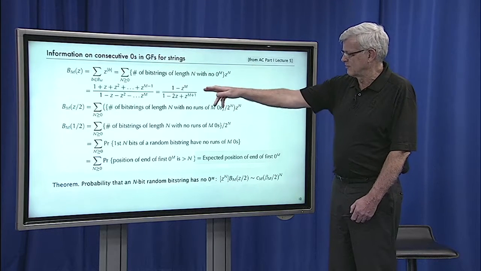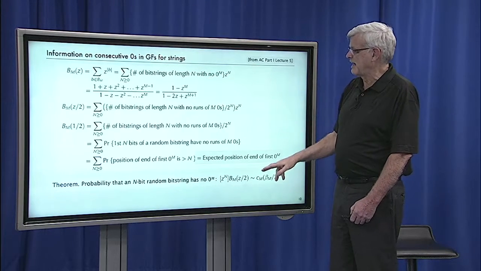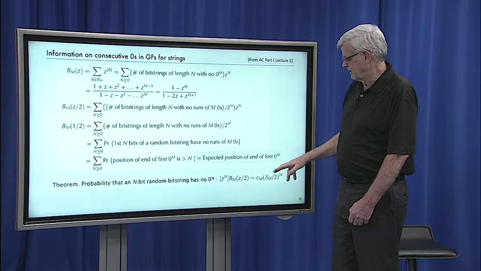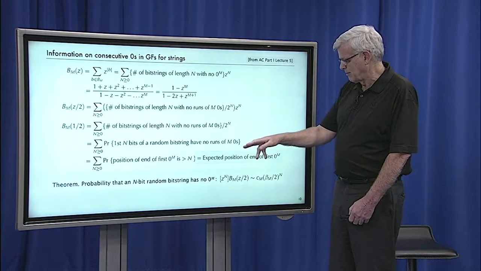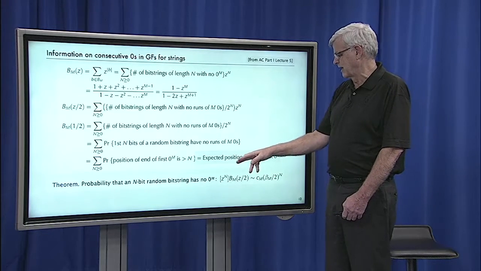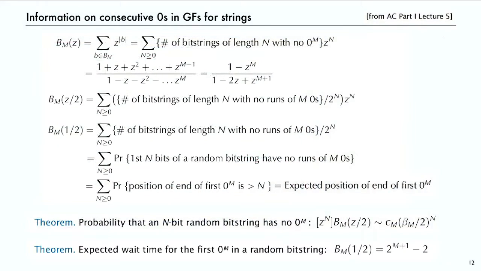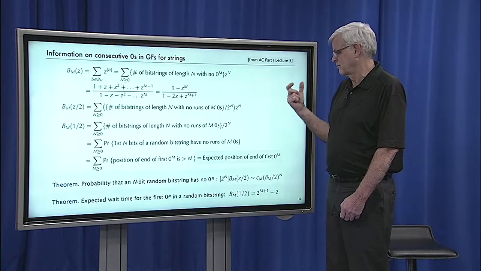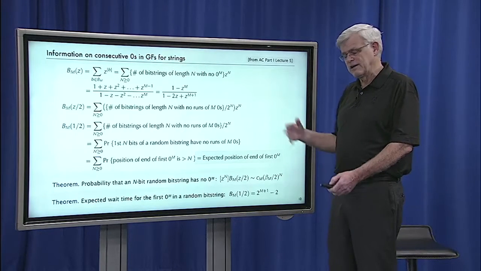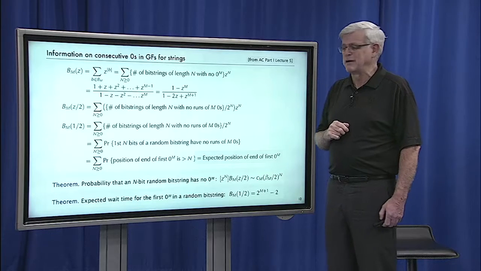So immediately, just evaluating this at 1/2, tells us that the expected position of the first run of m zeros in a random bit string is at 2 to the m plus 1 minus 2.